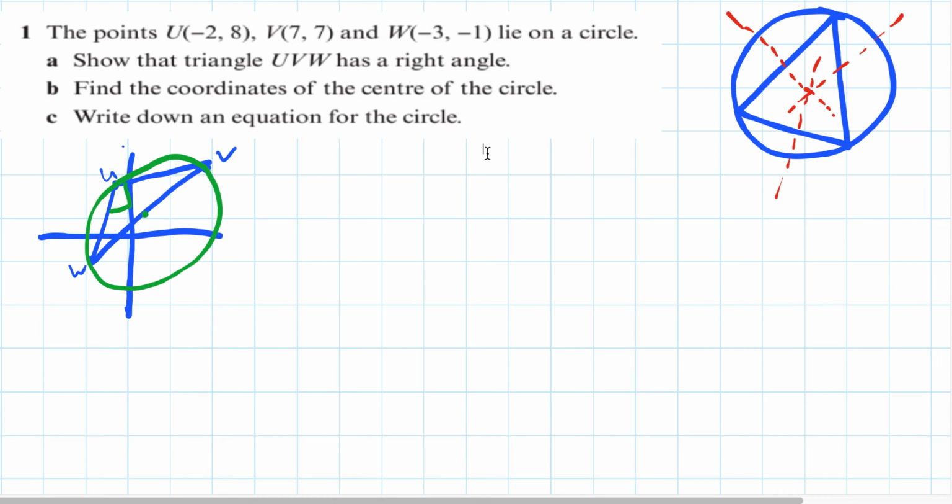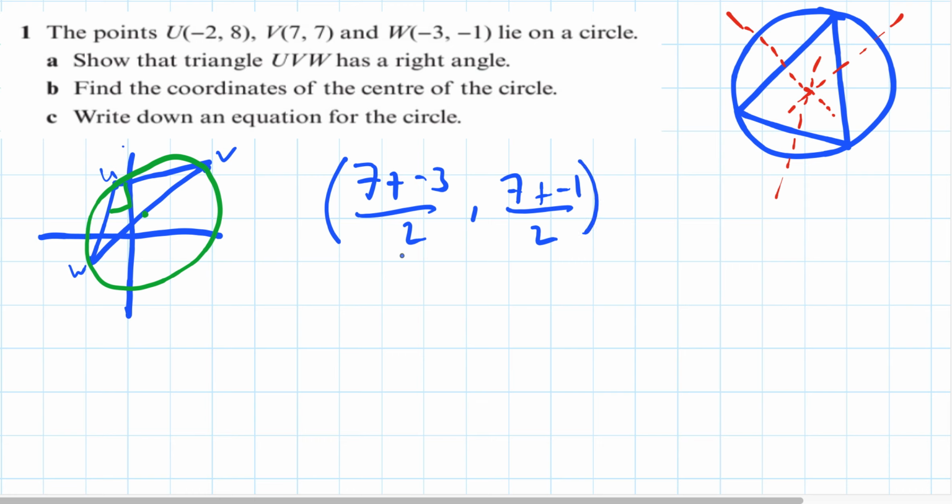So again, we're just going to use our coordinates, VW, and we're just going to find the midpoint. So that is x: 4 plus 4, x: 7 plus -3 over 2, and we have 7 plus -1 over 2, that equals 2, 3. So that's our midpoint.